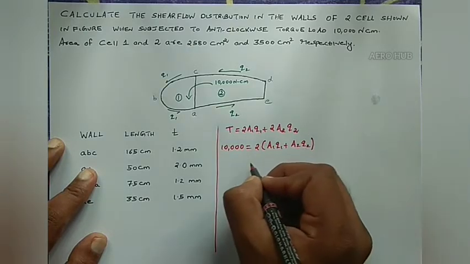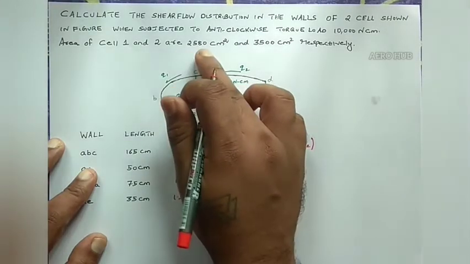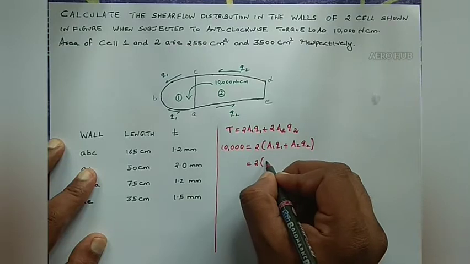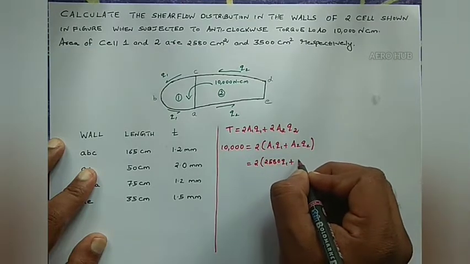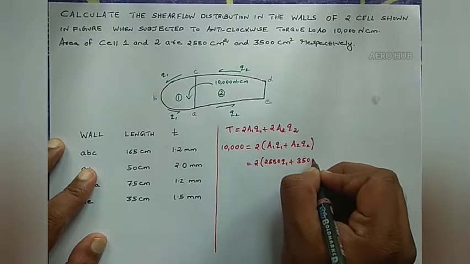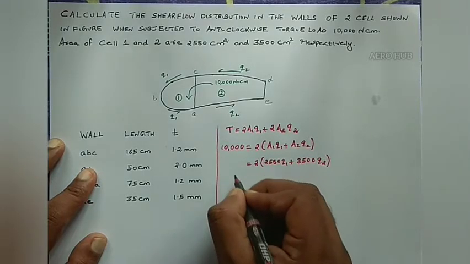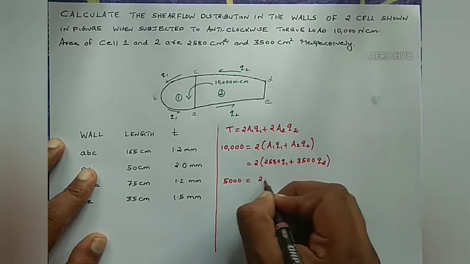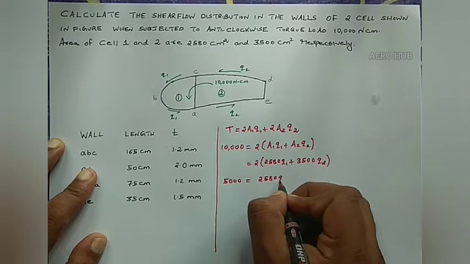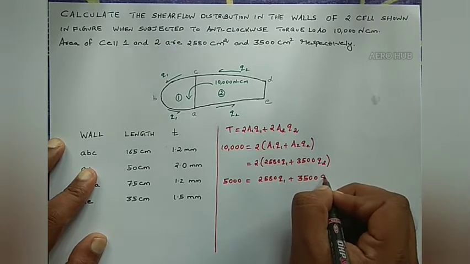You substitute the area for cell number 1 as 2580 centimeter square, so 2580 Q1 plus 3500 Q2. Now I can divide this, so I will get 5000 is equal to 2580 Q1 plus 3500 Q2.